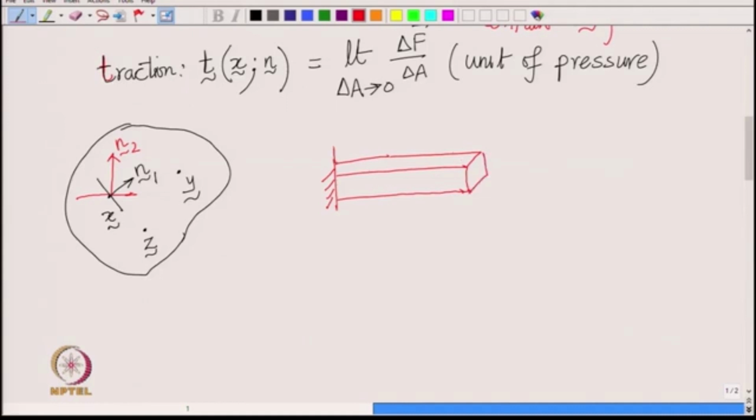Okay, so, that is a rectangular beam which is clamped at one end, and on the other end you are applying some force P, and suppose that the cross section area here is A, all right. So, the cross sectional area I will write here is equal to A.